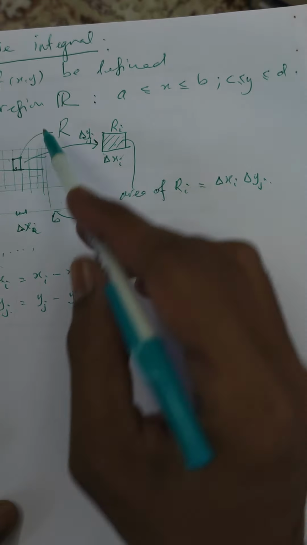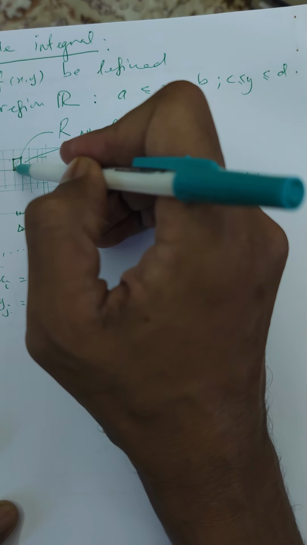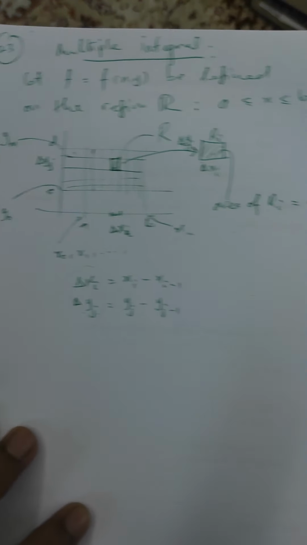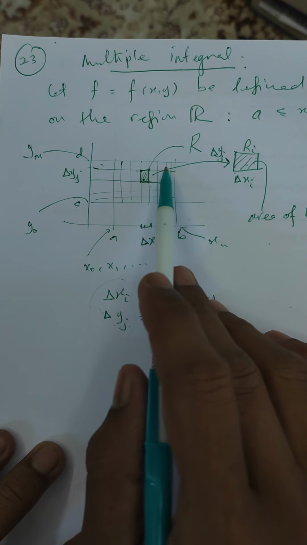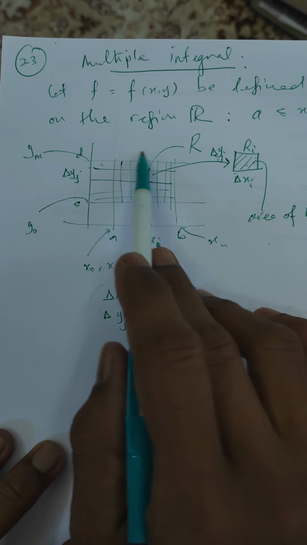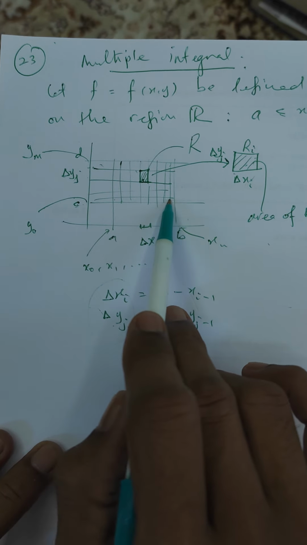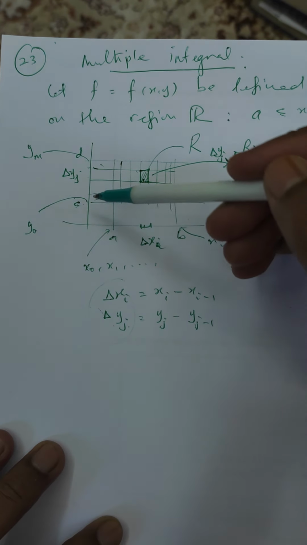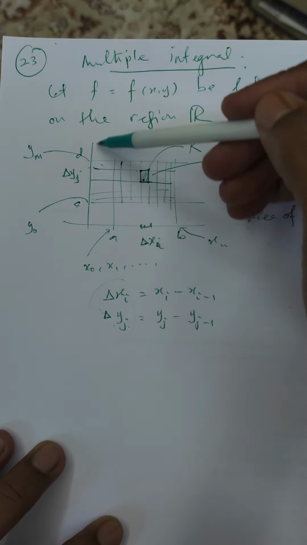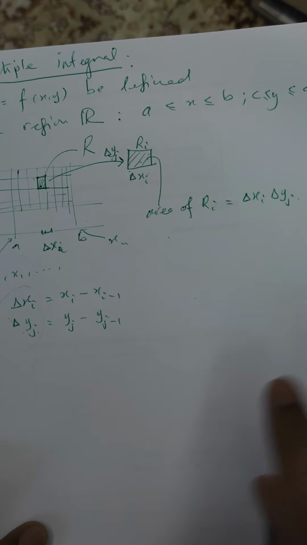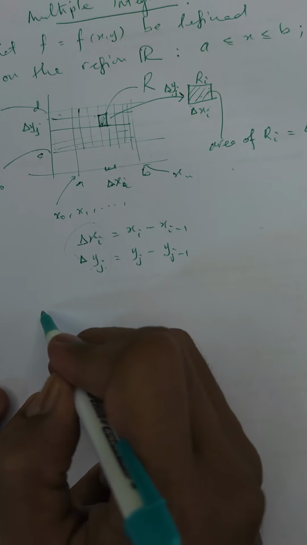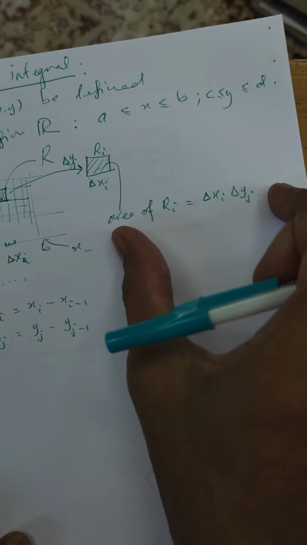So we are able to find one small area there. In order to find the whole area of that region, we add up for all x's and all y's.